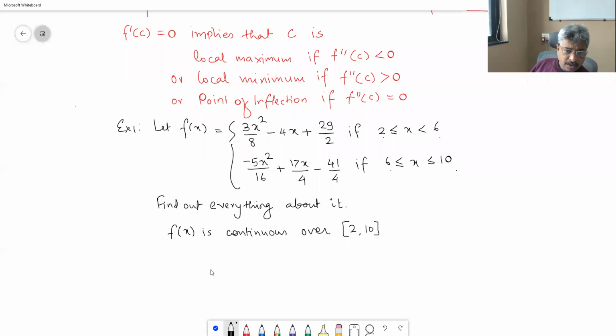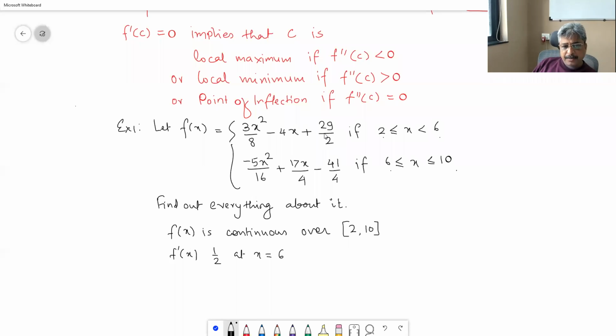But at 6, these numbers are so adjusted that both the values are the same, therefore it is continuous over 2 comma 10. Now, is it differentiable? If you find the derivative f dash of x of the first part and of the second part, at 6, 3 by 4 x, no, what comes is half.